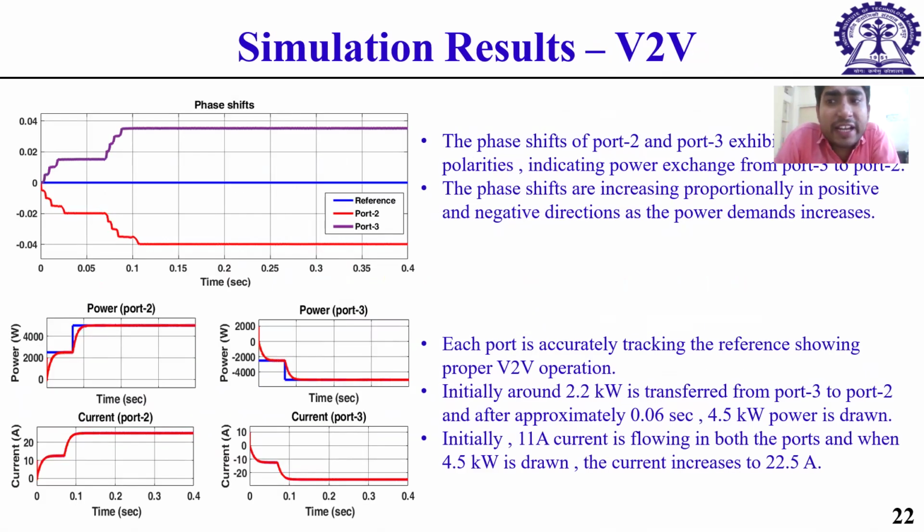Now the V2V mode, that is the vehicle to vehicle mode. In this mode, no grid is connected. We can see that the power is transferred clearly from port 3 to port 2 properly, and the power tracking and current tracking is also happening properly.